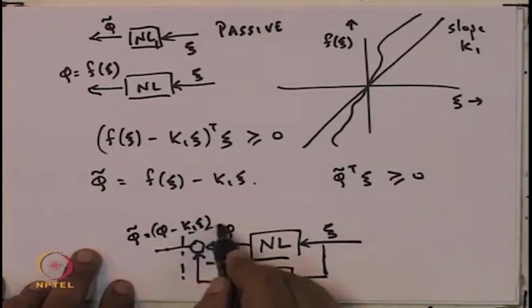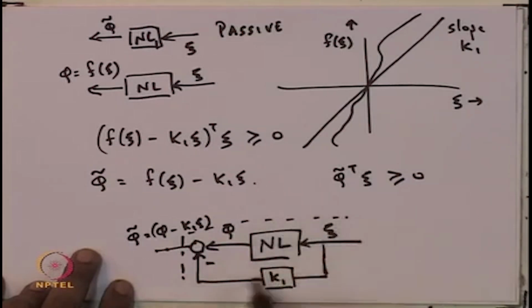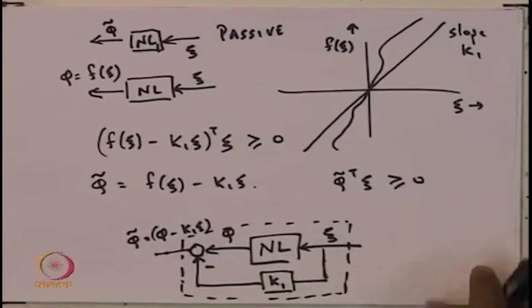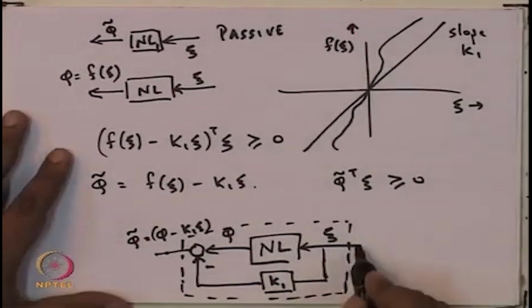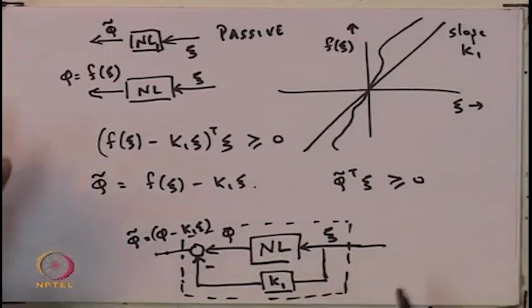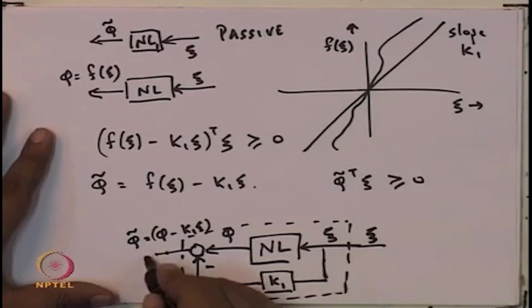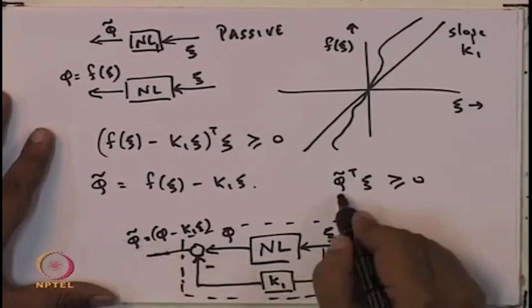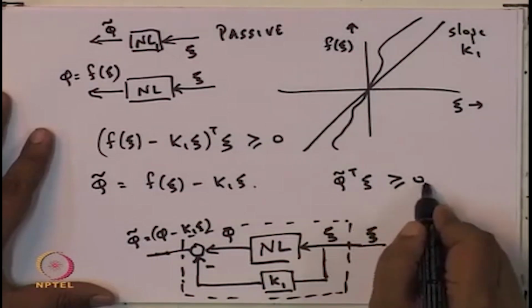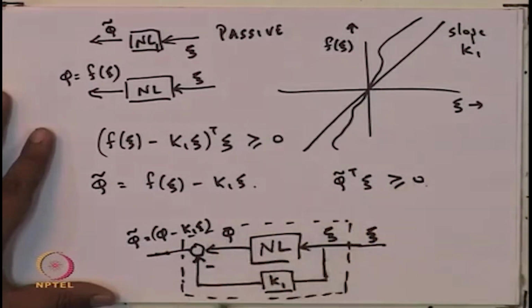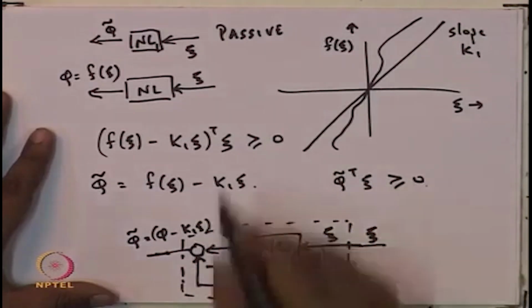Now, if I think of what is in this dotted box as my new nonlinearity, it has as its input psi and as its output phi tilde, and this phi tilde transpose psi is greater than or equal to 0. So, this resulting nonlinearity is in fact passive.